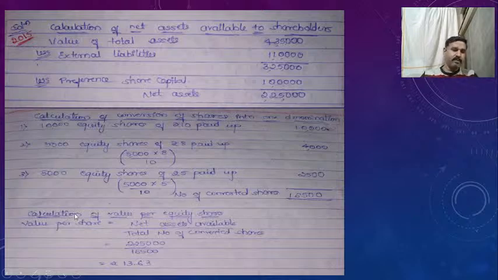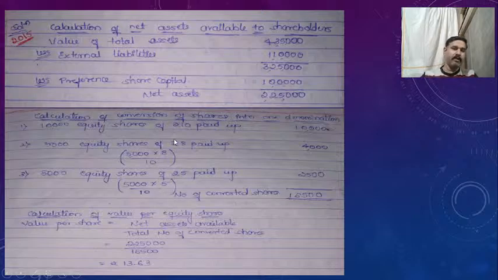Now the third step is the calculation of value per equity share. Value per share equals net assets available, that is 2,25,000, divided by the total number of converted shares, that is 16,500. After dividing, you get 13.63 as the value per converted share.